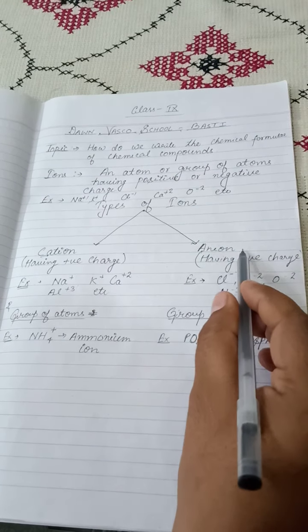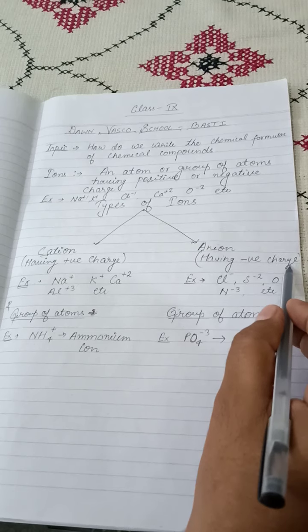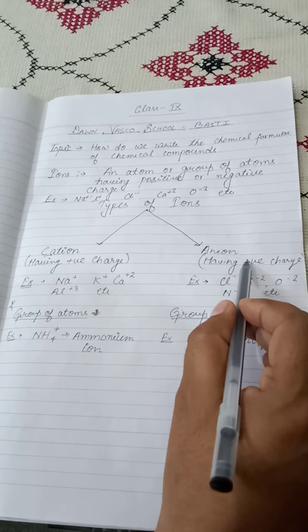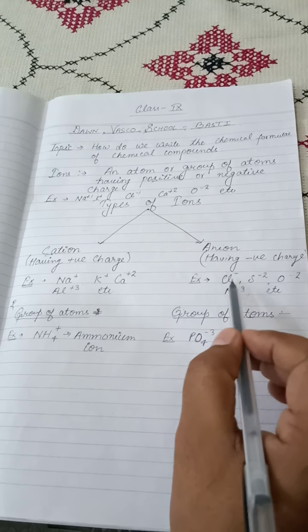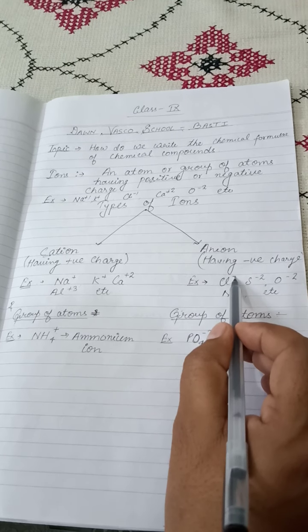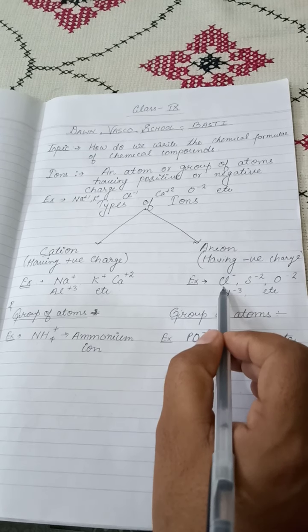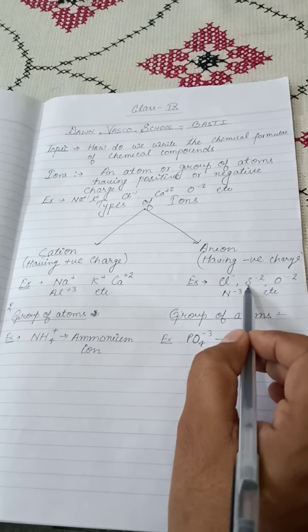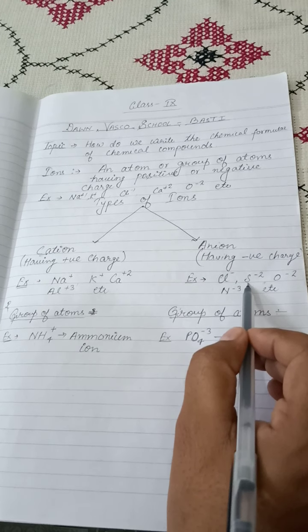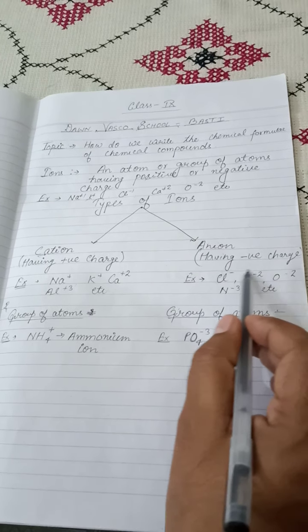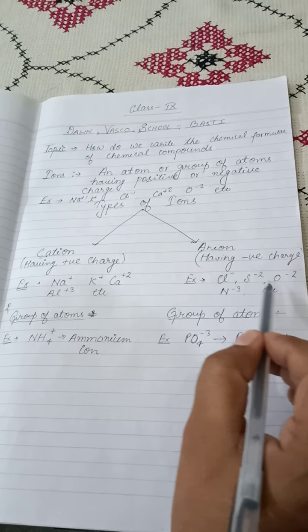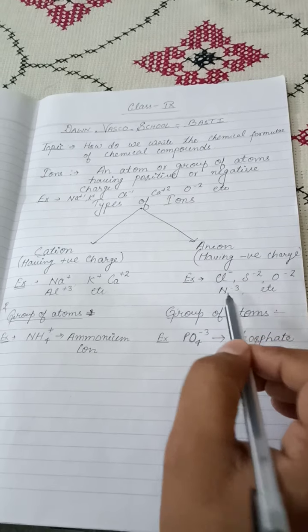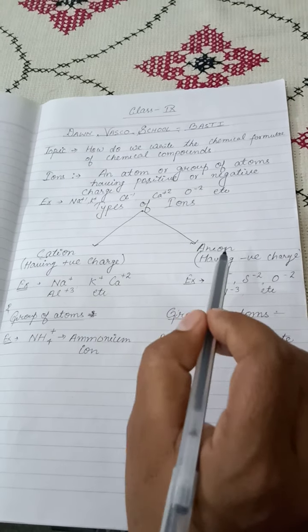And second, an anion has negative charge, right? For example, the chlorine atom having minus 1 charge is an anion. S minus 2, S is the symbol of sulfur, having minus 2 charge, so this is an anion, right? So students, these are the negative charges, so we can say that these are anions.